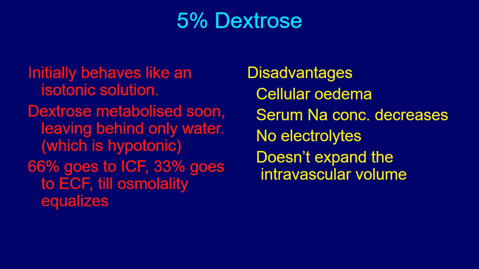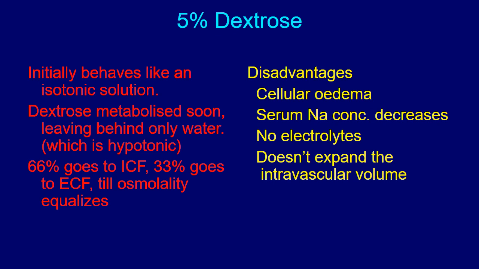Let's see what 5% dextrose is. Initially it may behave like an isotonic solution at the time of infusion, but very soon dextrose would get metabolized, leaving behind only water, and water alone is hypotonic compared with serum.